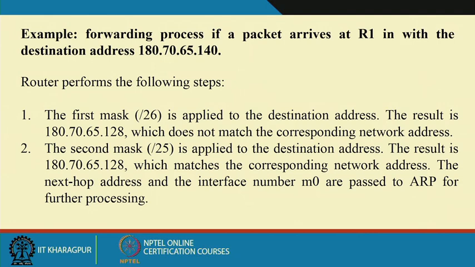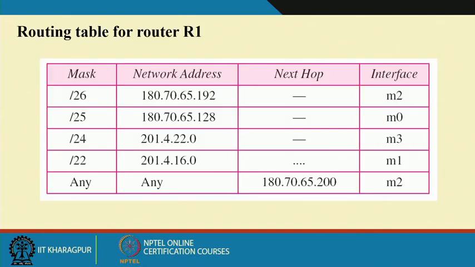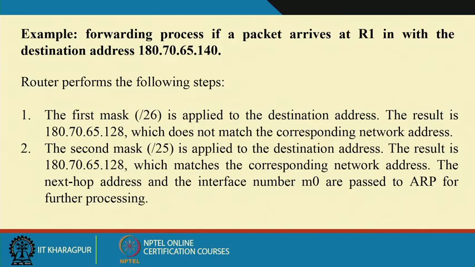You can apply this type of mask, meaning 26 ones followed by zeros, and this does not match the corresponding address, right. Then it goes to the next, /25, which gives a value of 180.70.65.128, and it matches the second entry of the table. So, it pushes it to M0, right.